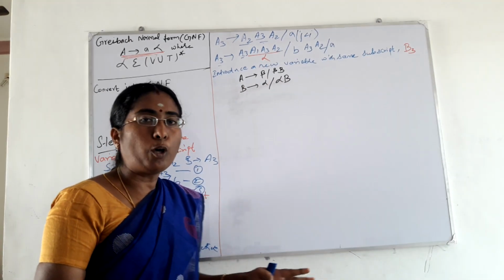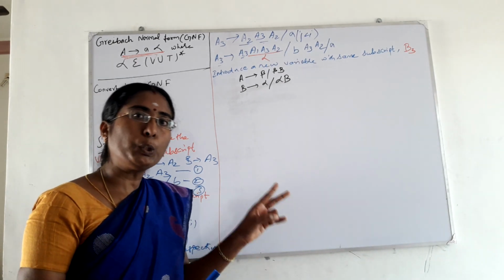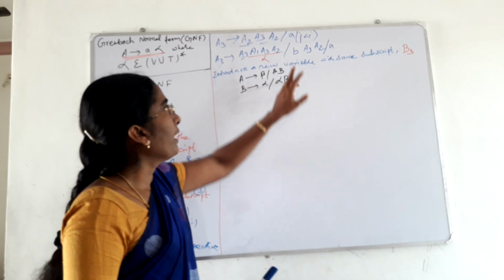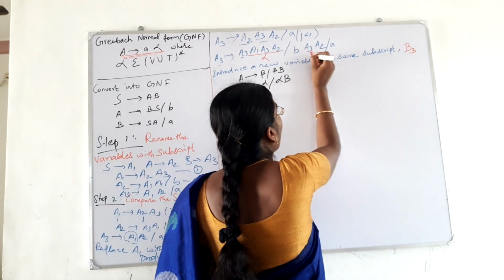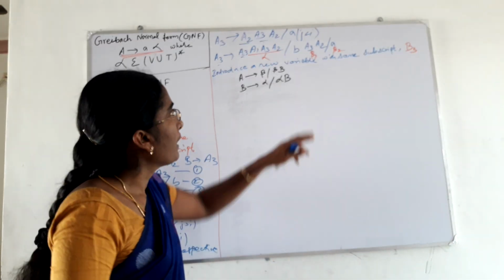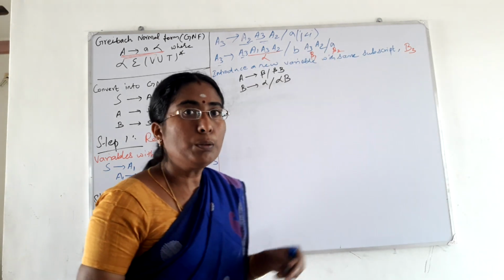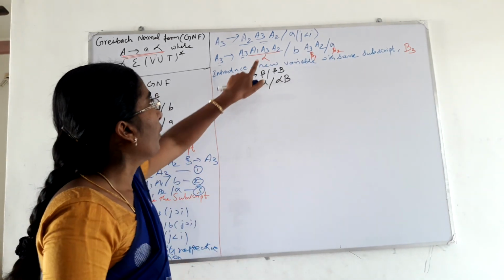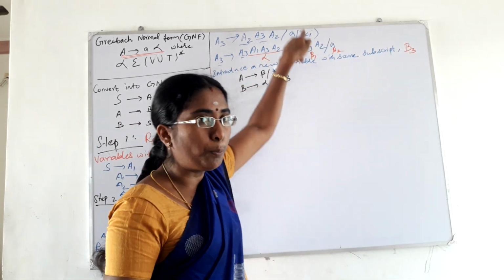If you have 4 productions, we have 4 betas. Here we only have 2 productions, so consider this as beta 1 and this as beta 2. Beta 1 is b A3 A2 and beta 2 is b. So what is alpha? A1 A3 A2, and these are the 2 betas.